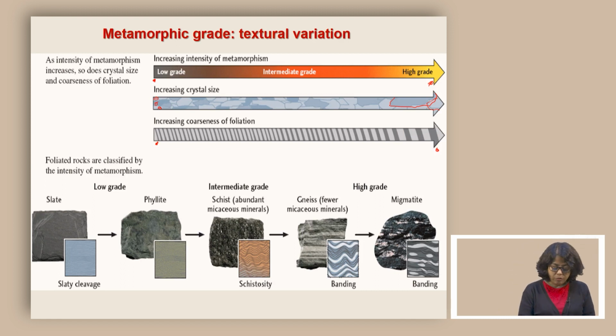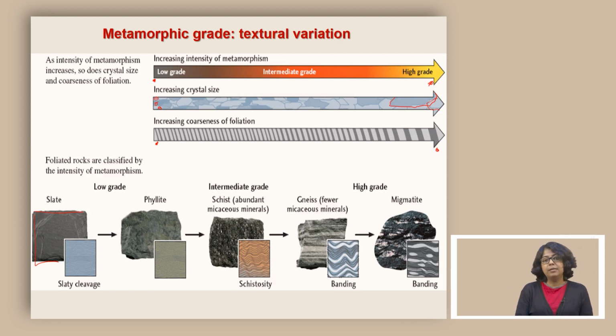It is not very clear if you just look at the slate at macro scale, but if you take a cross section of this slate and look at it under a microscope, you are going to see a pattern called slaty cleavage. This slaty cleavage is extremely fine in its resolution, so that even in very fine regions you are going to see these foliation arrangements.